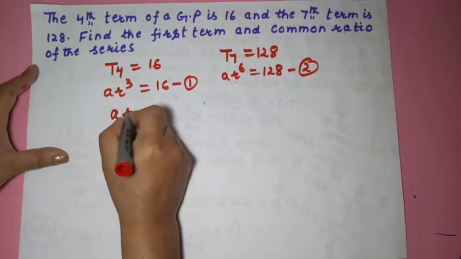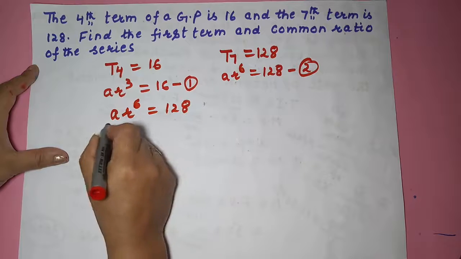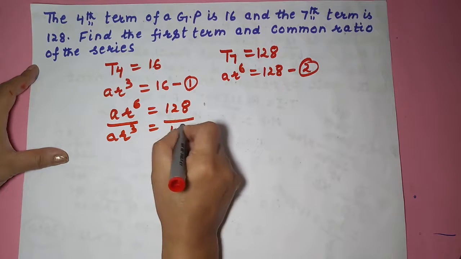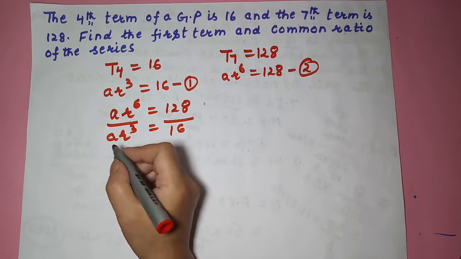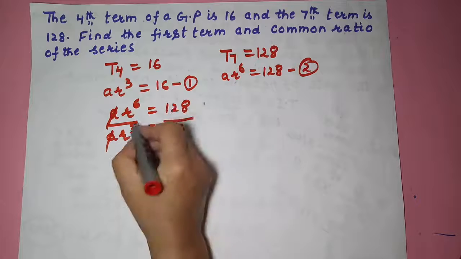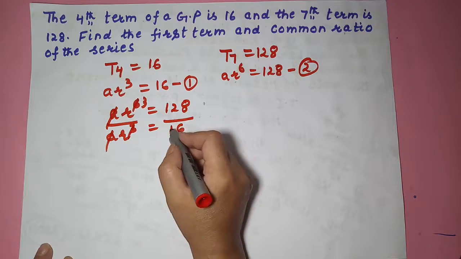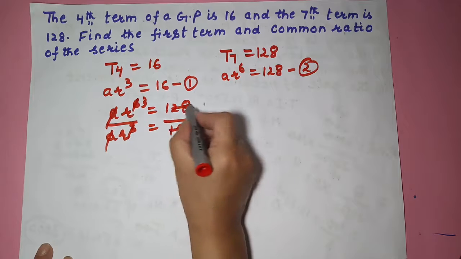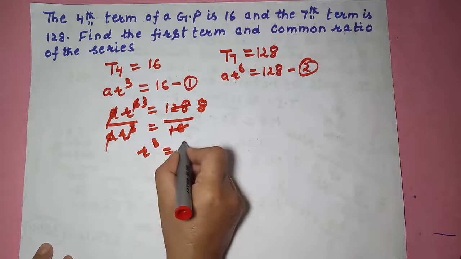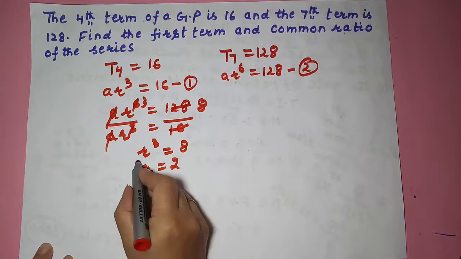Let me write the second equation, which is 128 divided by AR cube equal to 16. A and A will go, R^6 and R cube leave R^3, and 128 divided by 16 is 8. So R cube is equal to 8, which means R is 2.